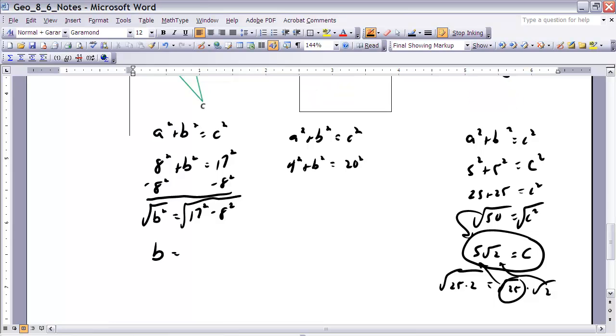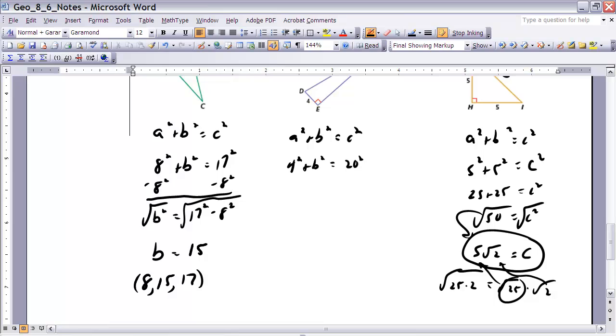So b is equal to the square root of 17 squared minus 8 squared, which on my calculator is 15. So the length of that side is 15. What that means is that 8, 15, and 17 are a Pythagorean triple.